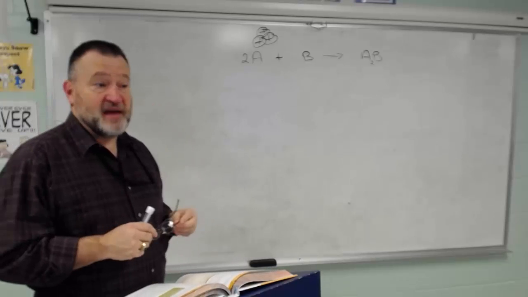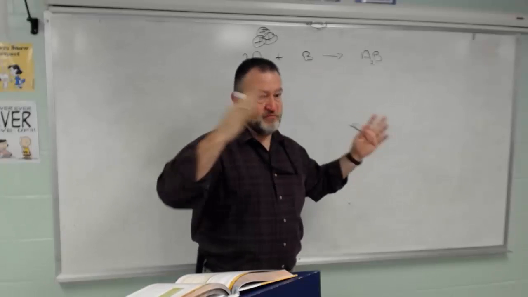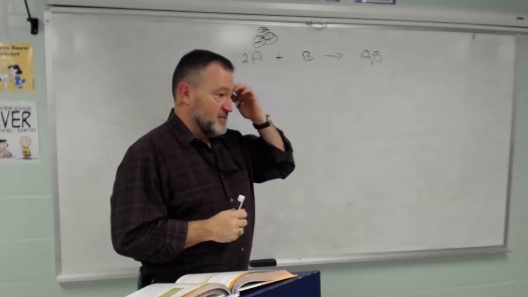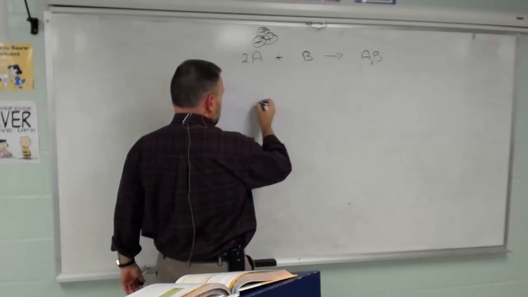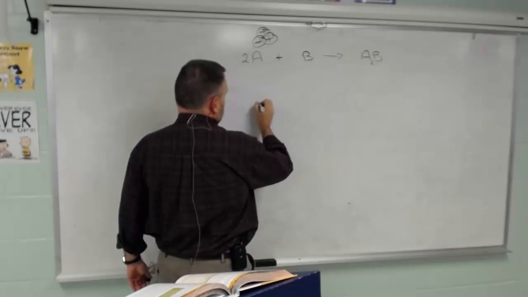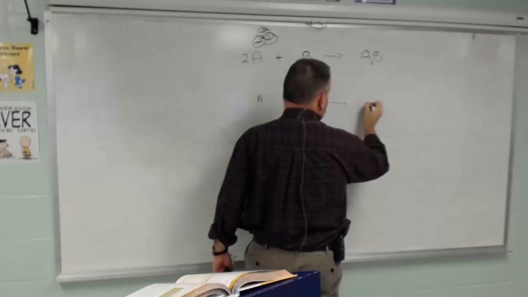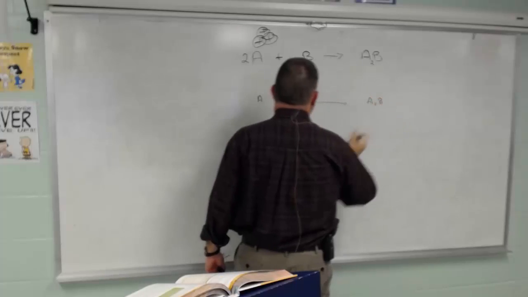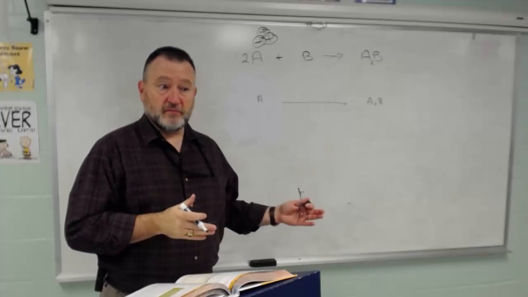Talk a minute about masses. You mentioned doing one of those long, full-blown problems. That would be, let's say if we were doing the stoichiometry here, and we were going from A across to A2B, we'd have some kind of mole ratio, right?